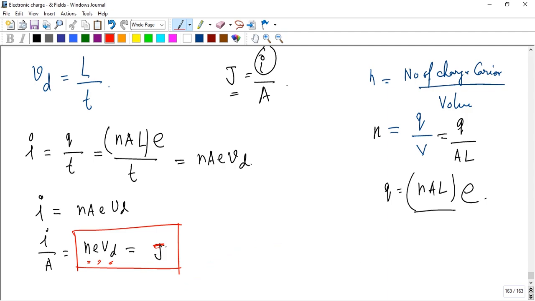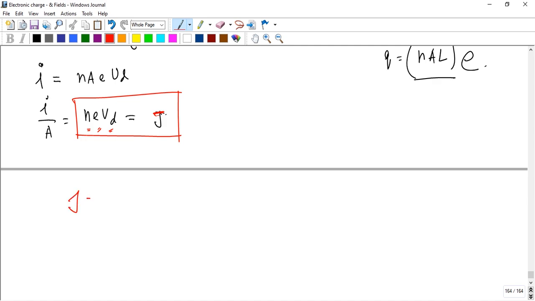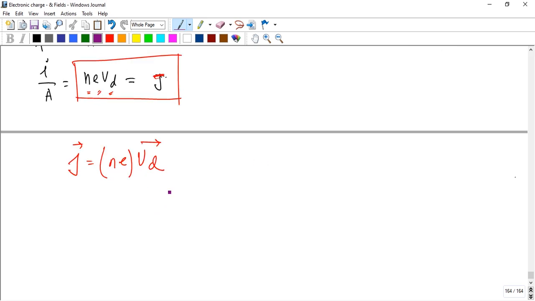So here we see the expression J equals NEVd, and current density is a vector. The drift velocity Vd is a vector, and NE is a scalar. Now another concept arises: what is NE?